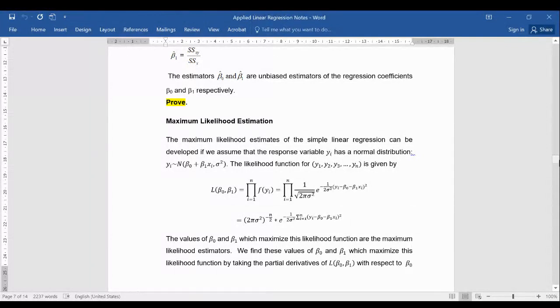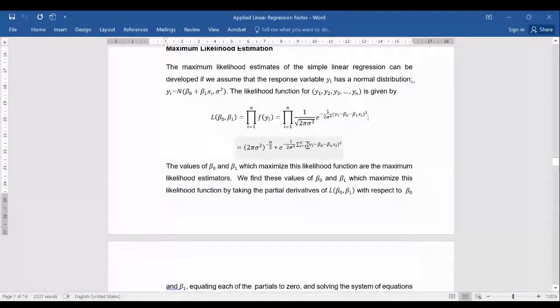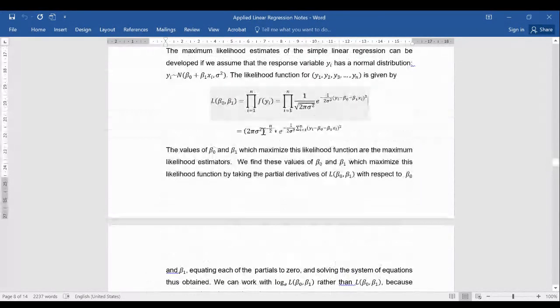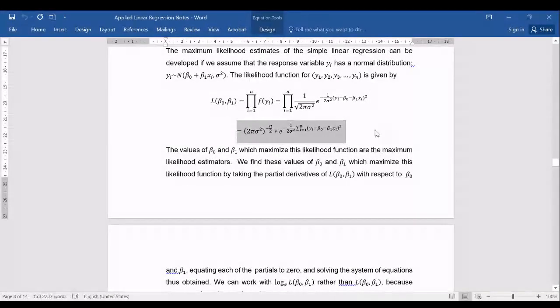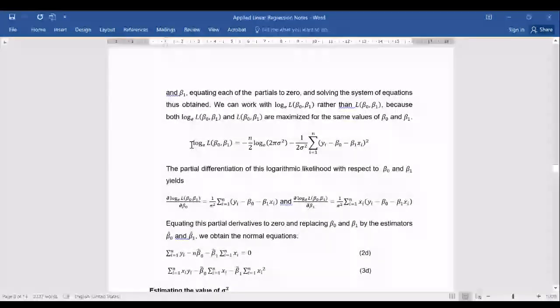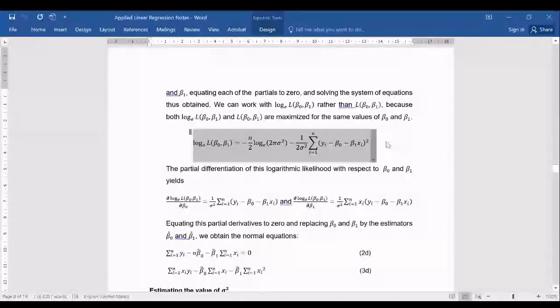The values that maximize the likelihood are the same values that maximize the log likelihood. So we take the natural logarithm of the likelihood function, and when we do that, we get this.